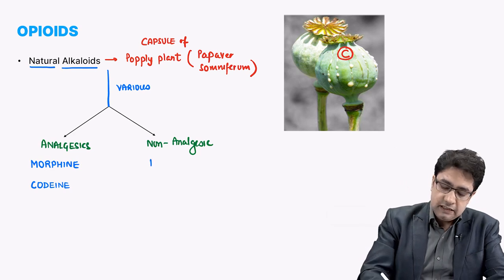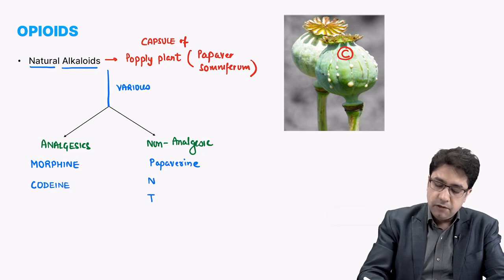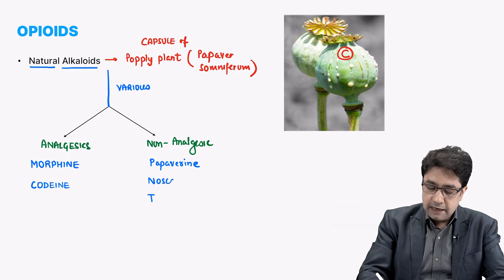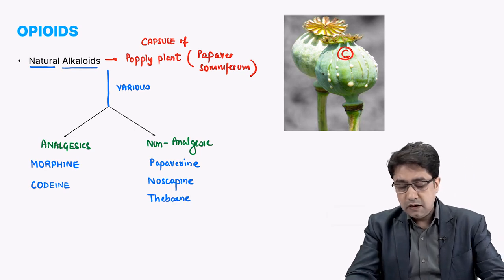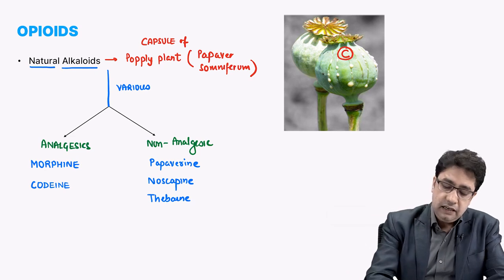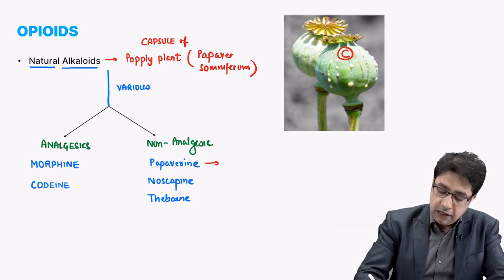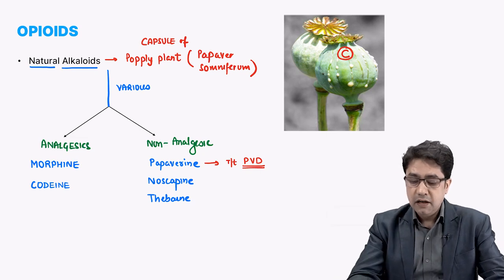And among the non-analgesic, we have various chemicals. First is papaverine, that is why the name Papaver somniferum. We have noscapine and thebaine. Out of these non-analgesics, papaverine is used in the treatment of peripheral vascular disease like Buerger's disease, etc. Why?